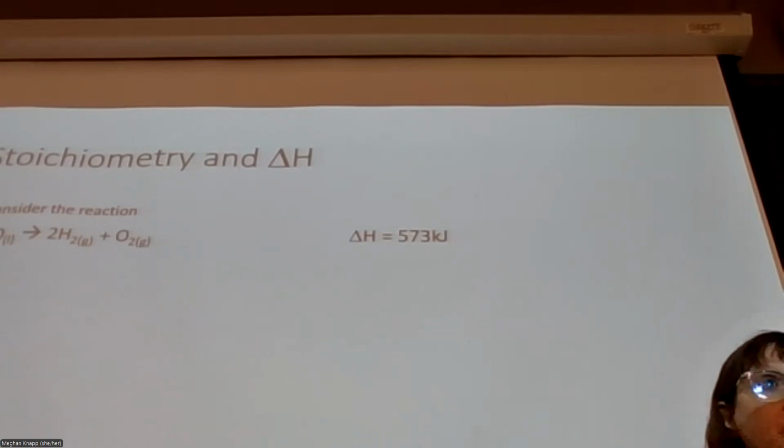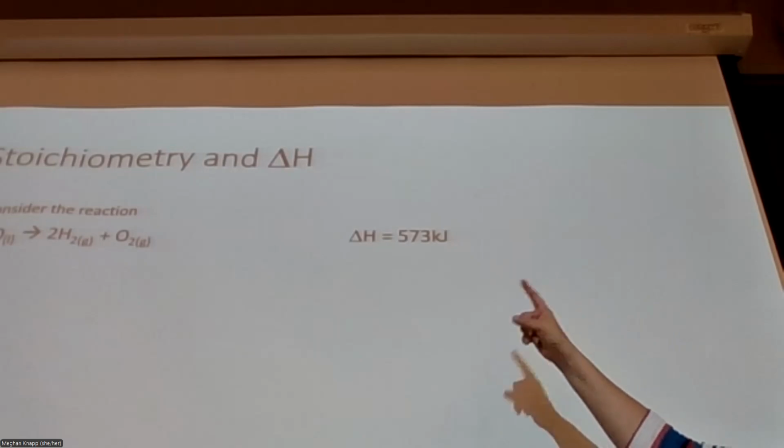We talked about that. Okay, stoichiometry, our favorite word. This just means that when I change the amount of a chemical, I can change the amount of heat. So when I look up on a table how much energy is produced by a reaction, it means for the reaction as it is written.